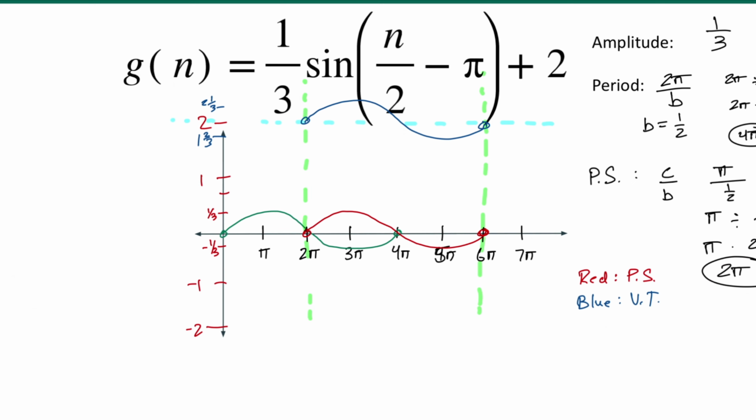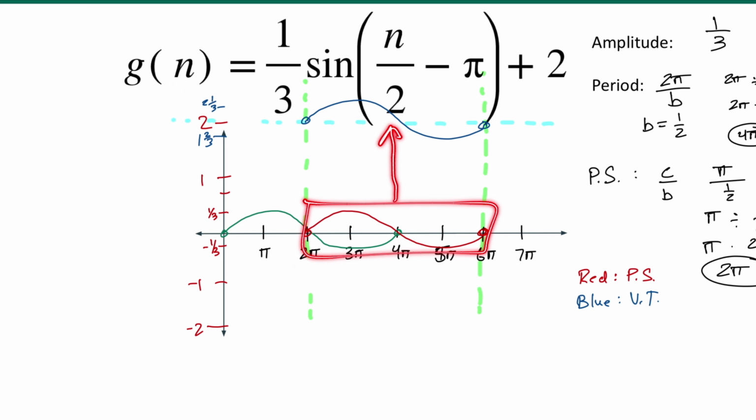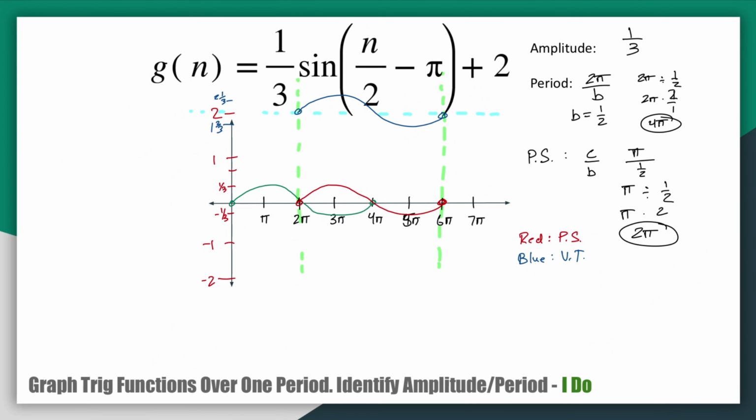Okay? So, in green, we had our original. We phase shifted it over to get red. And then we vertically translated it up to get blue. Now, this one had it all in there, and that's okay. It's a little bit more work. Not every problem will be this much, but you just want to break it down.